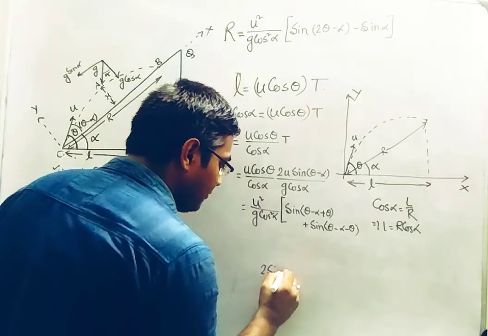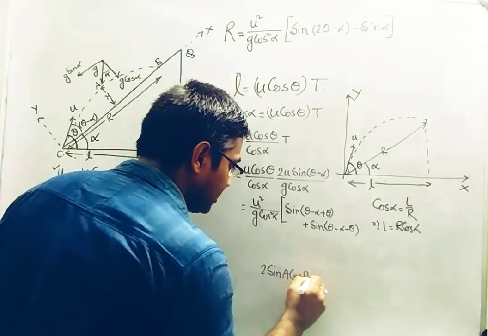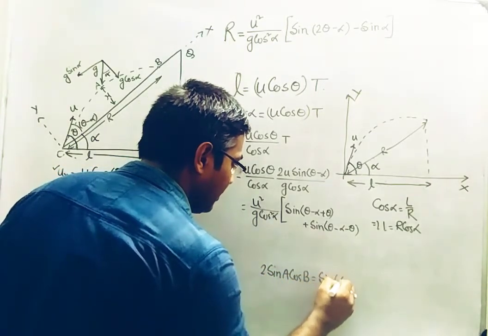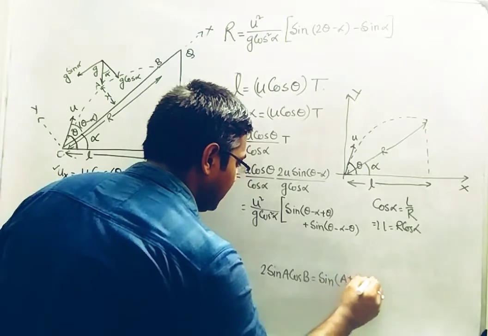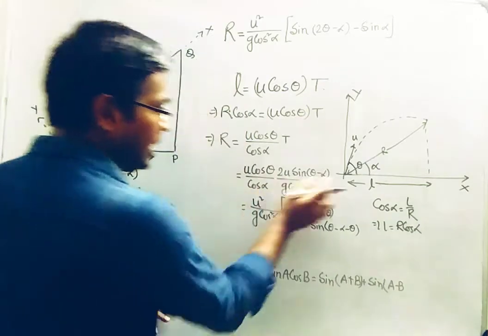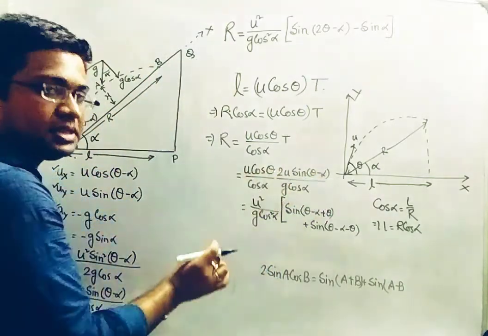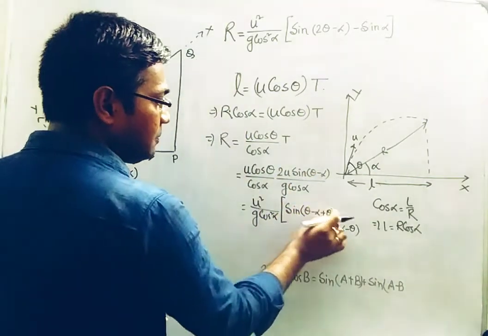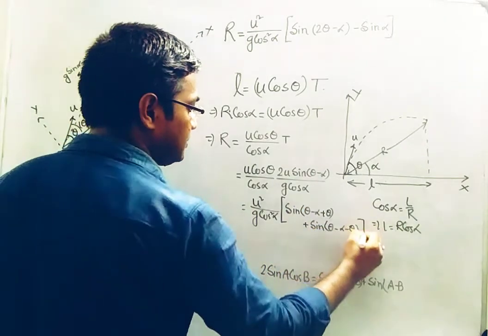That formula I am applying here. 2 sin A cos B equals sin A plus B plus sin A minus B. So A is here theta minus alpha and theta is here B. So sin A plus B plus sin A minus B.